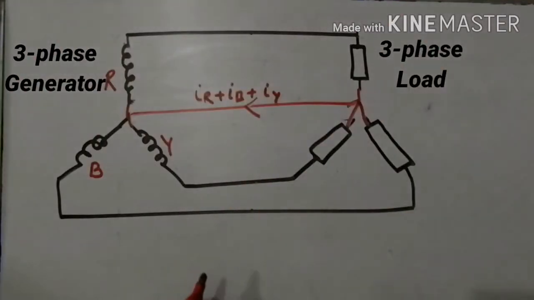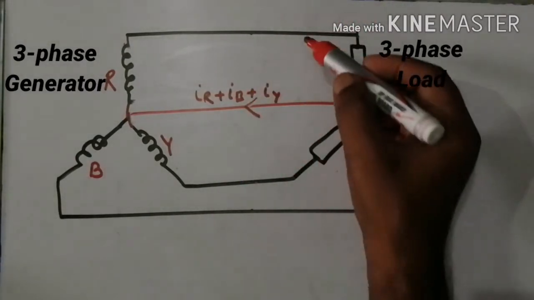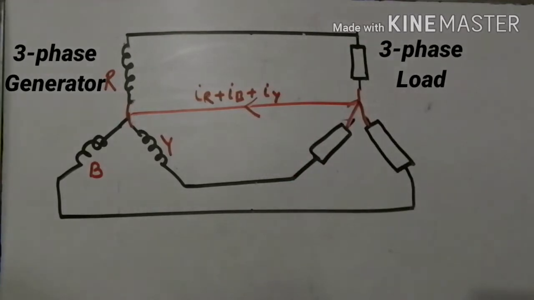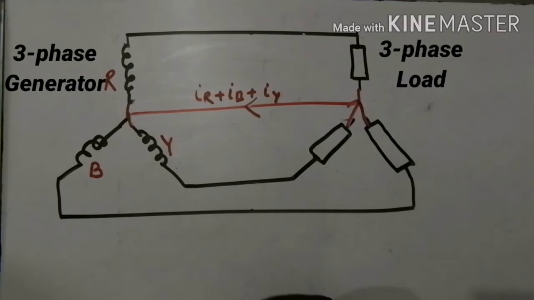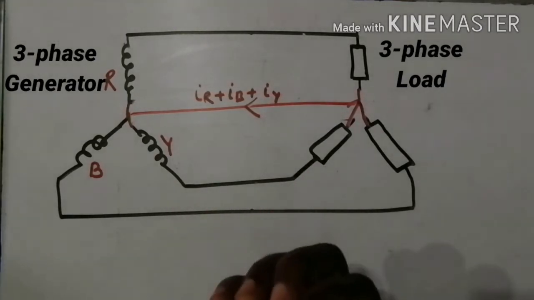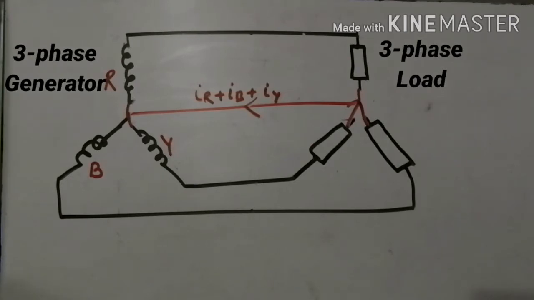Now this circuit is reduced from 6 wire to 4 wire: 1, 2, 3, 4. Now it is a 4 wire system. We have reduced 2 wires. We have saved the cost of 2 conductors.